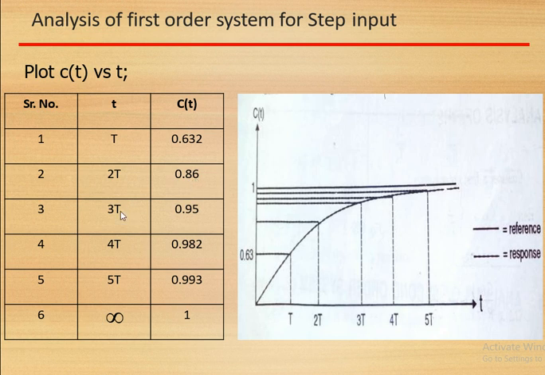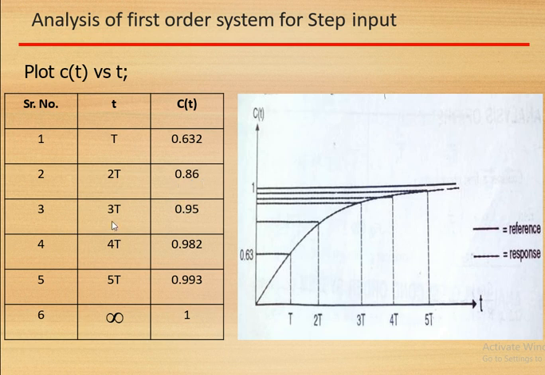Similarly, if you put t as 3T, it will be 0.9. See here how the output is increasing gradually. From here we started at t equal to 0, c(t) is 0, no doubt. But when we put the value of t as T, we get a result of 0.6, which is greater than half, 0.5. Then if you put 2T, it is going near 1, but it is not actually 1, it is 0.8.